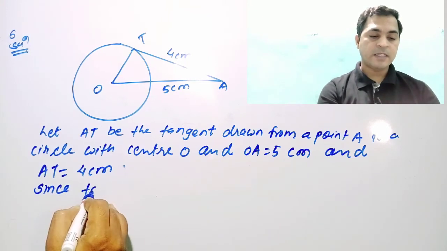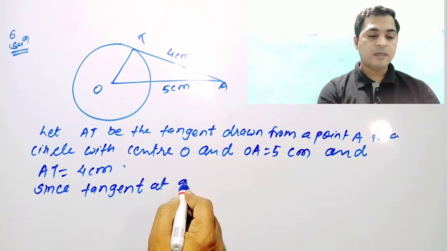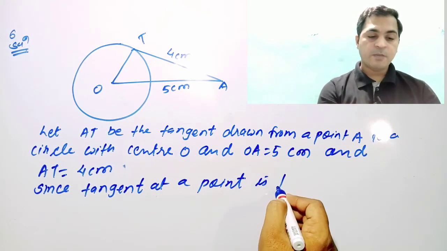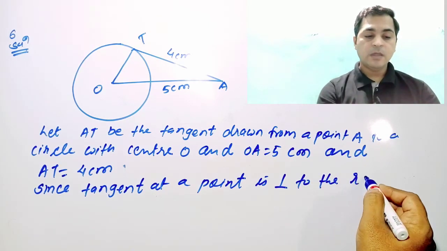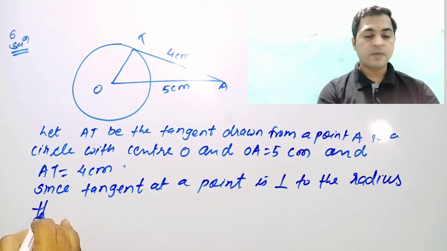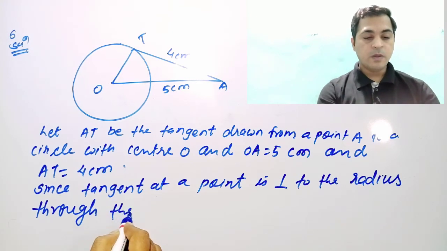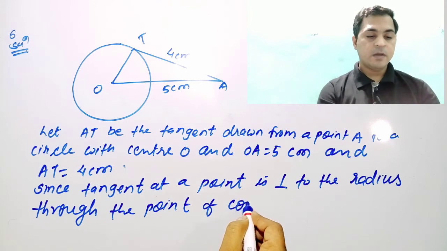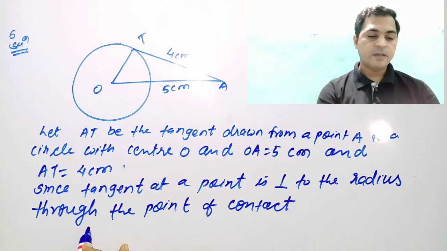Since here we can see that the tangent at a point is perpendicular to the radius at the point of contact, right student?